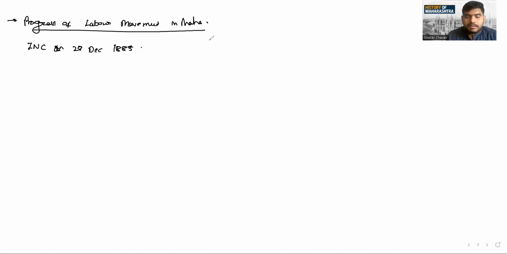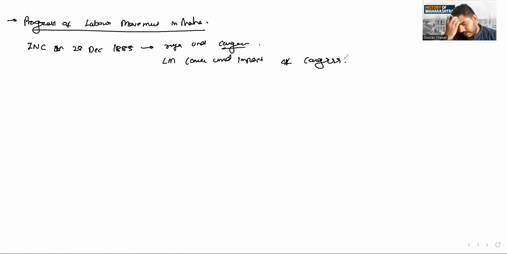So this movement for rights went under Congress, or you can say these labor movements came under the influence or impact of Congress.